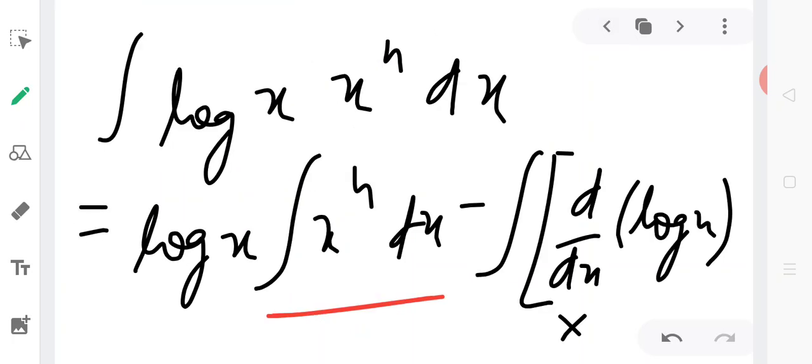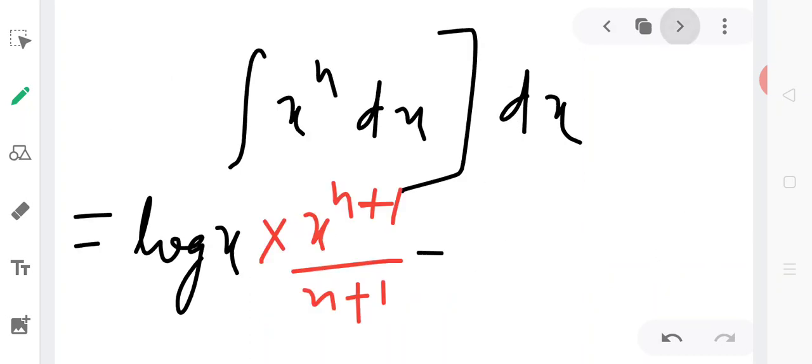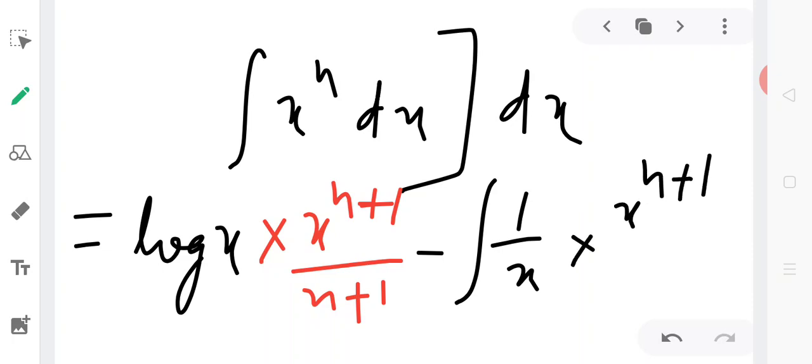Minus, let us keep the remaining part. So d by dx of log x is 1 by x into x to the power n plus 1 by n plus 1 dx.